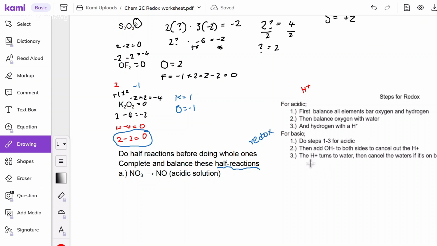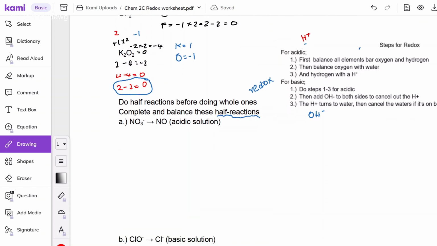So we usually have OH minuses instead in basic solutions, and that's why it's different. The first 3 steps are the same for both, but for acidic you can stop at H plus, and for basic you have to add OH minus to take out the H plus, and you'd rather have OH minus than H plus in the basic reaction.